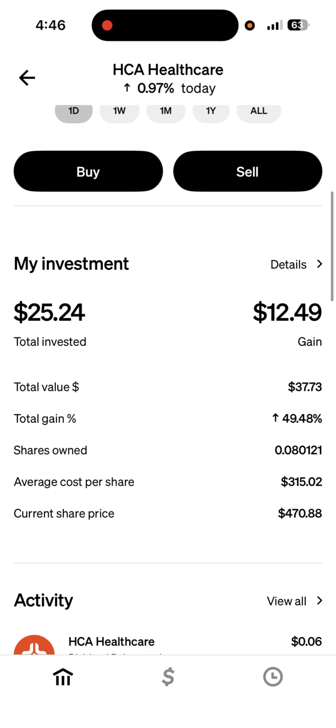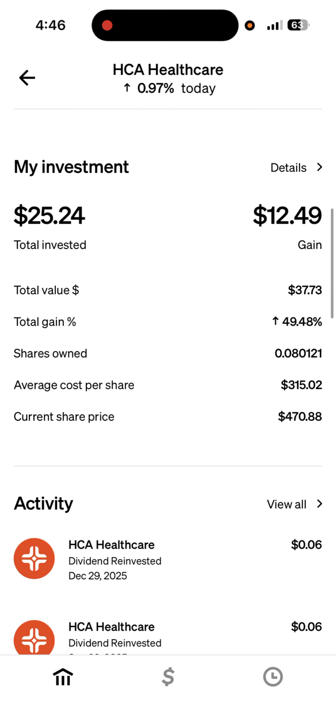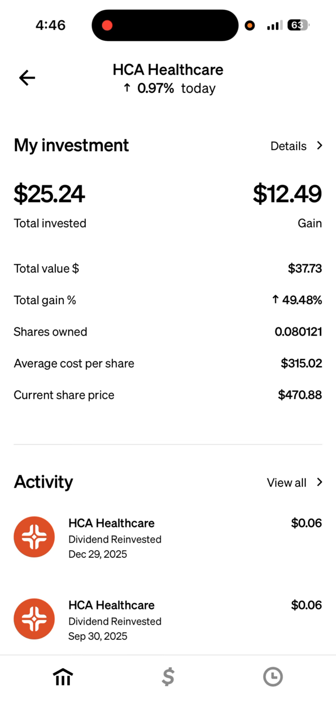I'm just going to scroll down because I really want to show you the power of investing and what investing can do. So here, where it says my investment, if we look all the way down to where it says total gain, I've put $25.24 into HCA Healthcare.